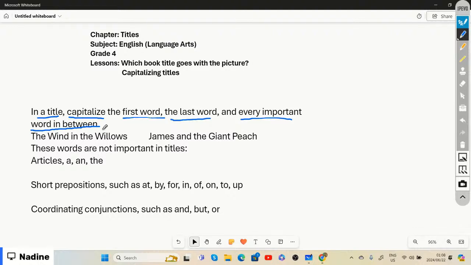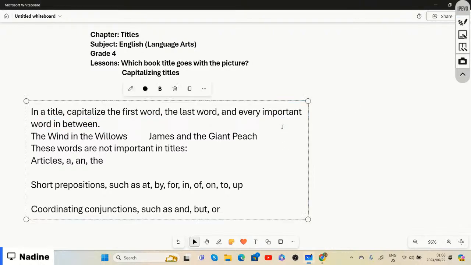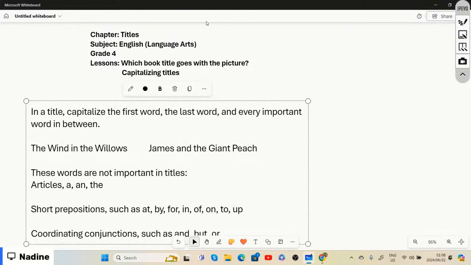And if we look at a few examples, right? Let's look at the first two examples of capitalizing titles. It says The Wind in the Willows, right?